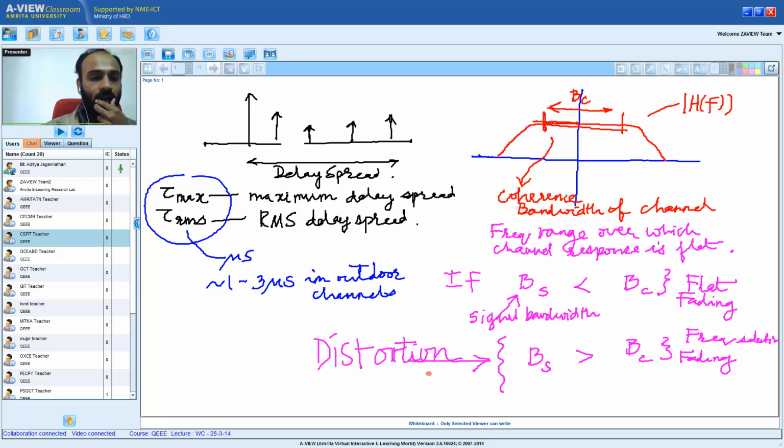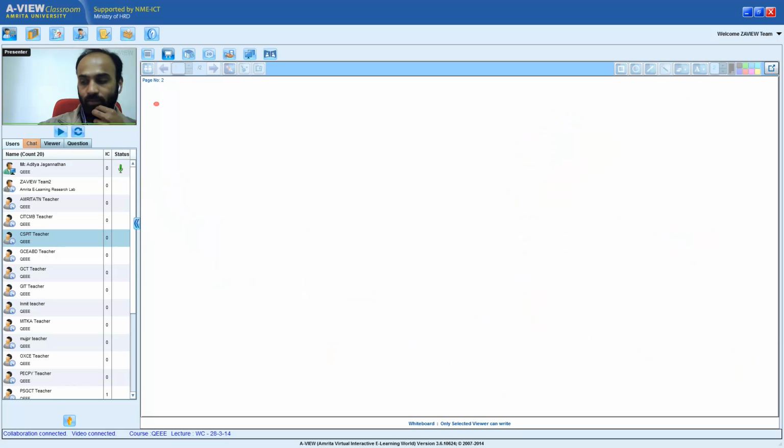And also we saw, interestingly, that this has implications in the time domain.